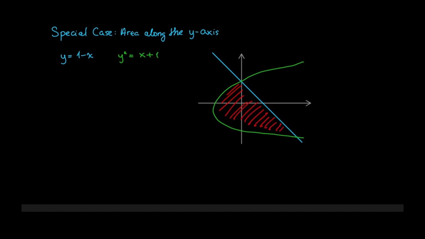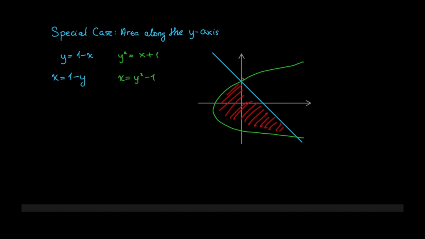While here, everything that happens is that x and y values would technically switch places, meaning step number 1 will be to rearrange our functions in terms of y. For y equals 1 minus x, we can rewrite this into x is equal to 1 minus y. And for the laying parabola, we can write that x is equal to y squared minus 1.